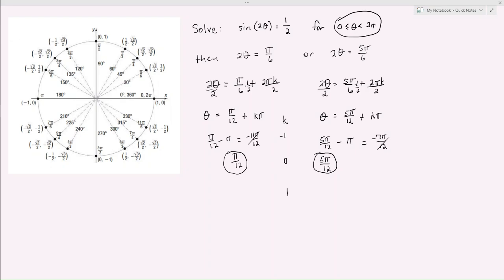When I let k equal 1, we're going to get pi over 12 plus 1 pi. And if I add that, I get 13 pi over 12. That's a keeper because it's between 0 inclusive and 2 pi when k is equal to 1.